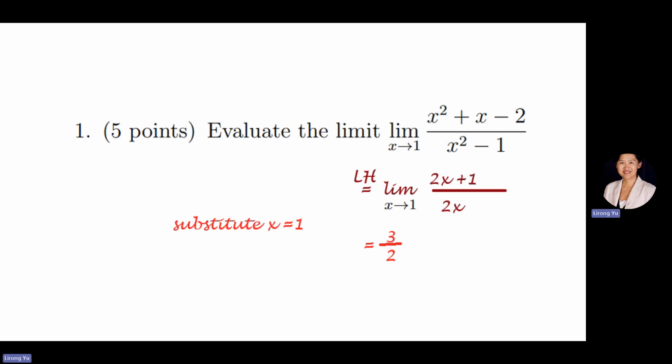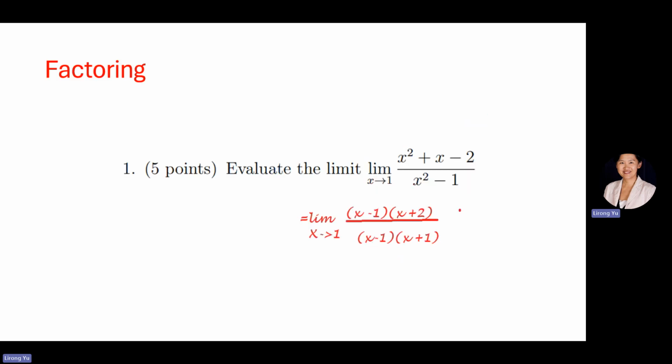The method that we were using in chapter 1 before we learned L'Hopital was factoring. So another method would be looking at this limit calculation, thinking about why would the polynomial equal 0 if x equals 1. When x equals 1, the polynomial in the numerator equals 0, the polynomial in the denominator equals 0, because x minus 1, 1 minus 1 equals 0.